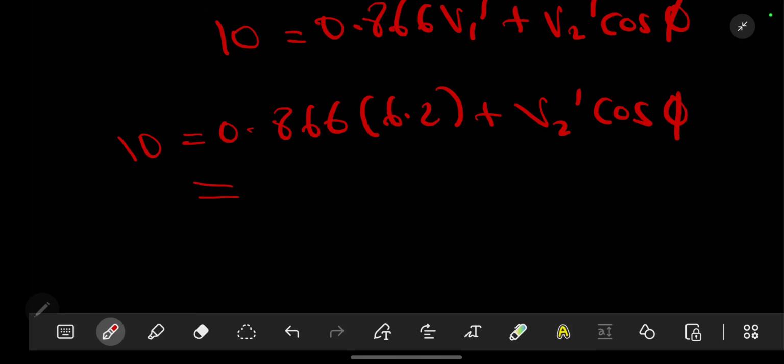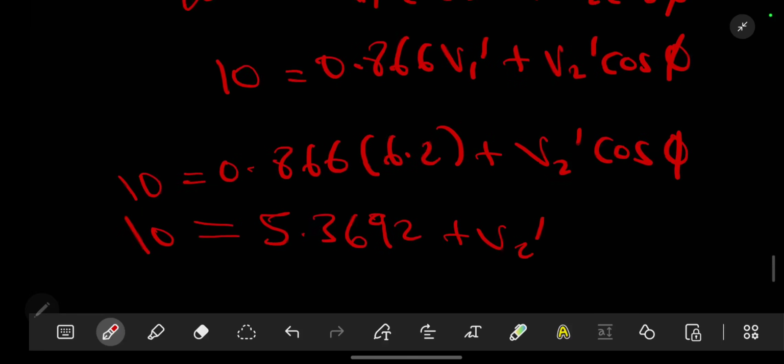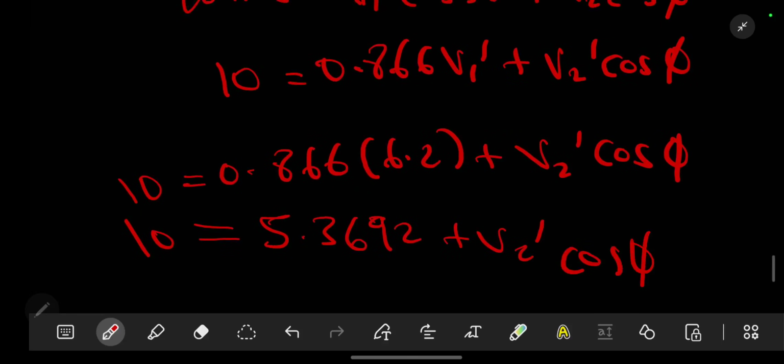When we multiply 0.866 times 6.2, this gives us a value of 5.3692 plus our V2 cap cosine of this angle.